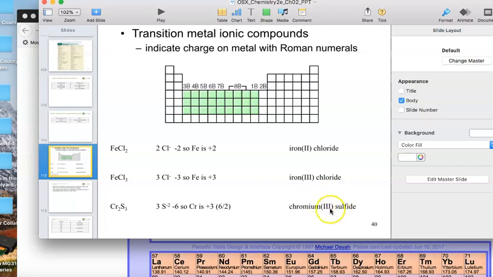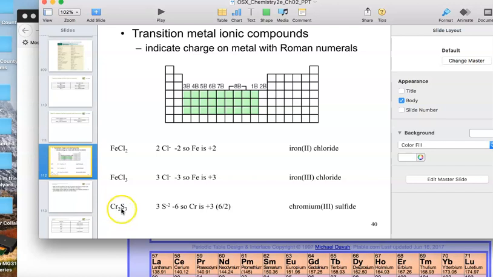when you're writing the Roman numerals, it has to be the oxidation number for one atom of the metal. Okay, so notice here in our 2 previous examples, there was only one atom of iron. And so, of course, the charge was whatever the charge was on that atom. But in this third example here, we have 2 atoms of chromium. So 2 atoms of the metal.